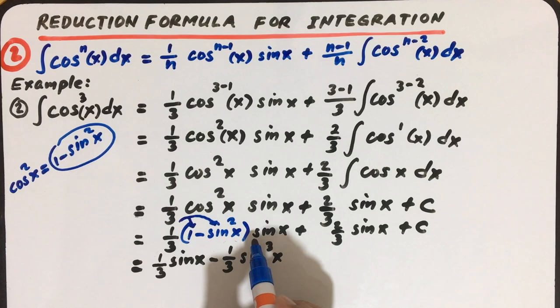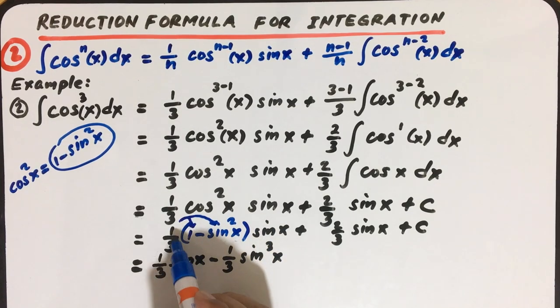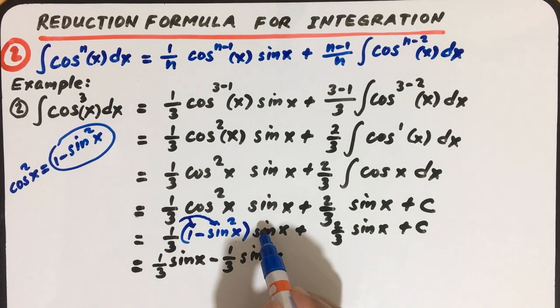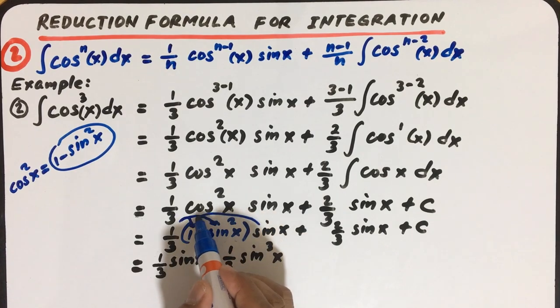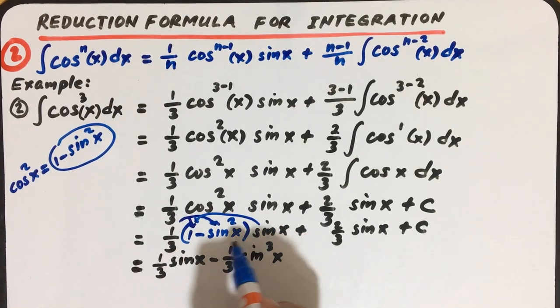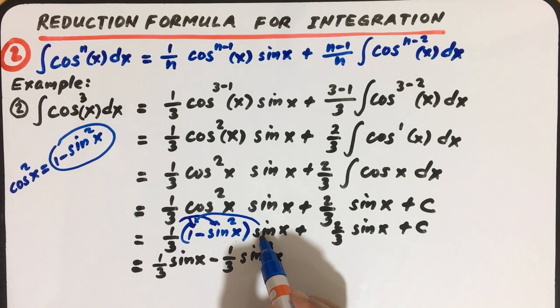Okay, so when you multiply this 1/3 to 1 and also together with this, you also multiply 1/3 together with this one.